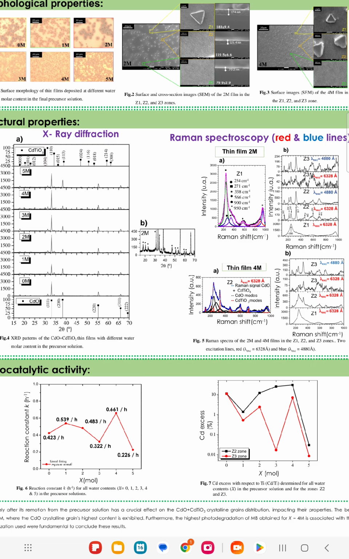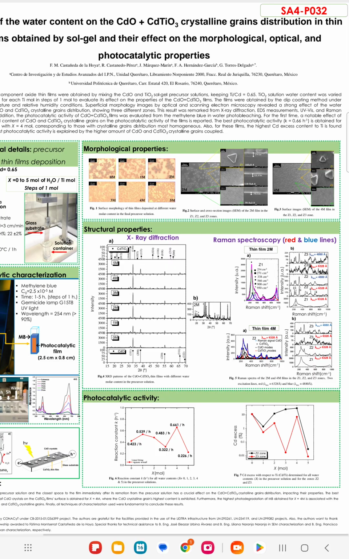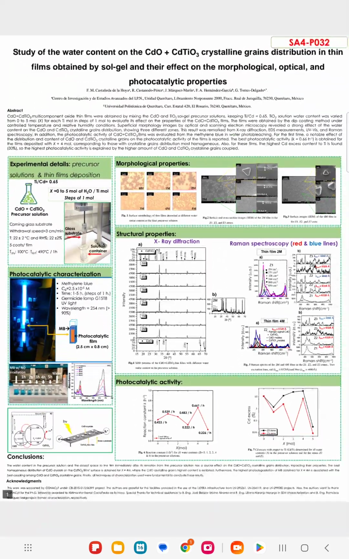As conclusion of this work, briefly, the water content in the precursor solution and the closest space to the film immediately after its removal from the precursor solution have a crucial effect on the cadmium oxide to cadmium titanate crystalline grain distribution, impacting their properties.